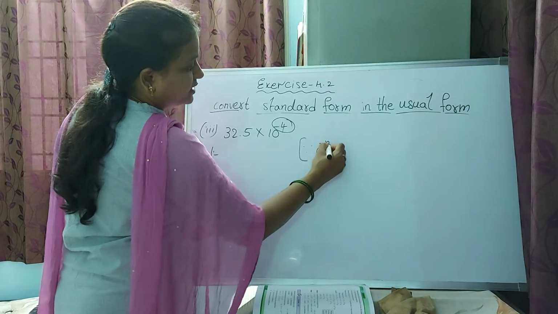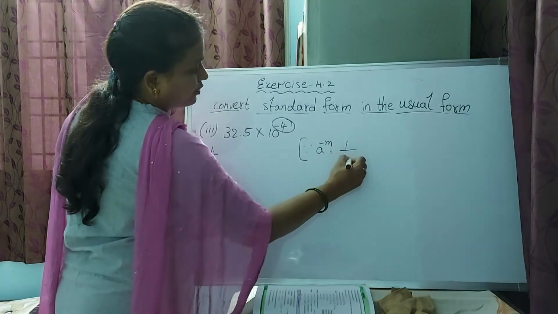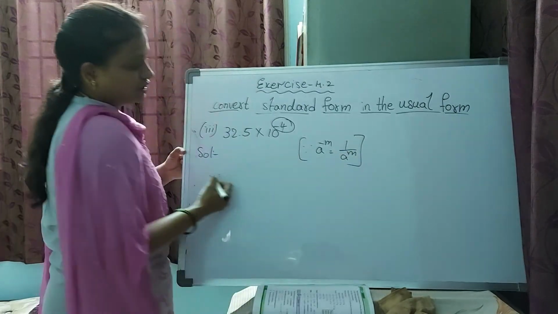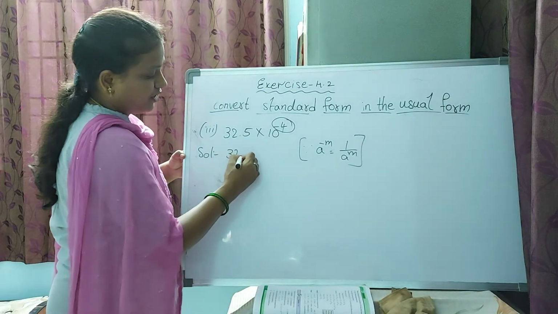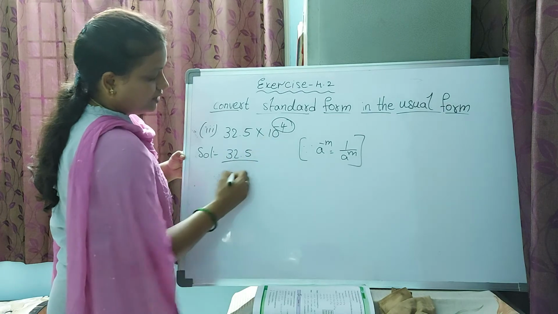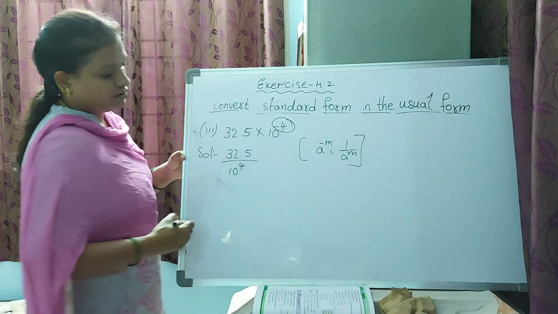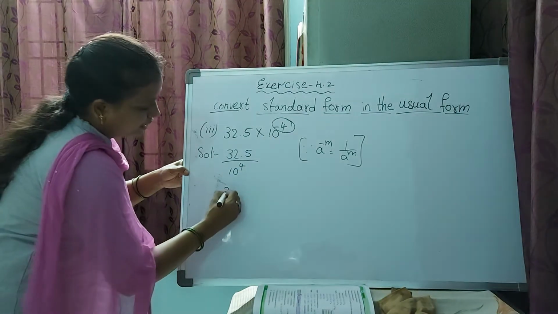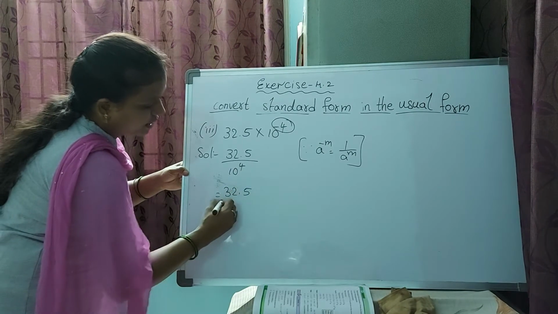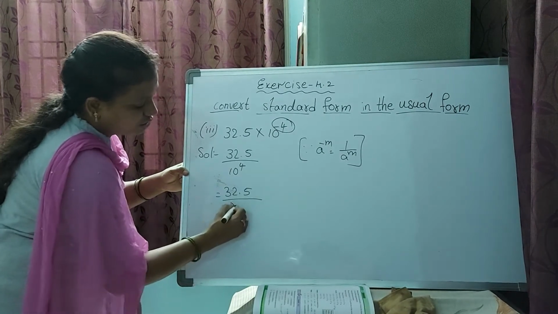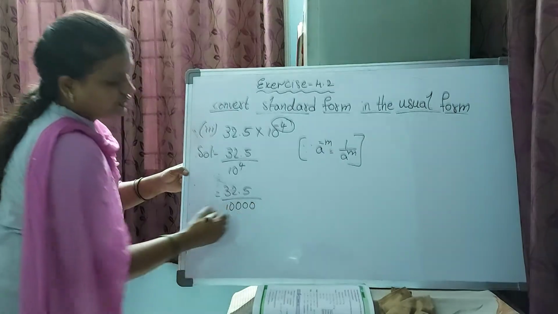A power minus m is equal to 1 by a power m. By using this formula, I will write 32.5 by 10 power 4. Again, expand this one. 32.5 by how many zeros? 1, 2, 3, 4 zeros.